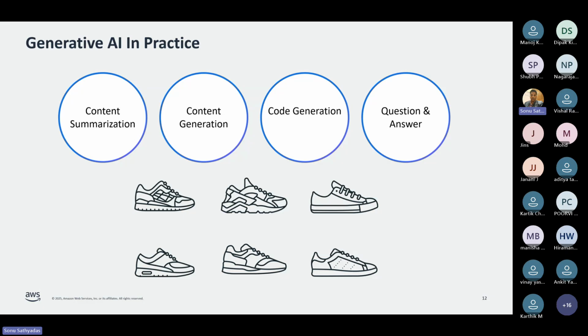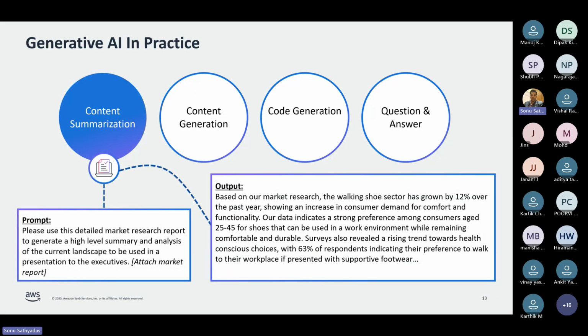We are using this in code generation and also for answering questions in a Q&A scenario, like creating virtual assistants like chatbots. Suppose I have to create a summary of a lengthy text, we can use the summarization feature of generative AI models.